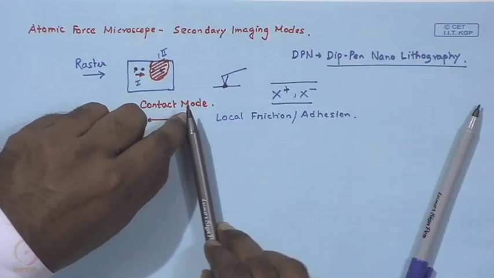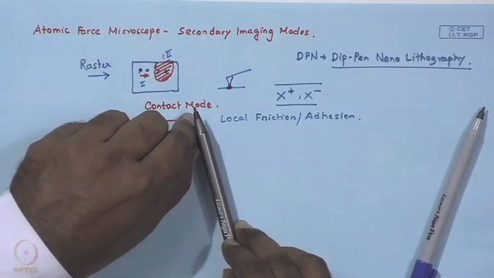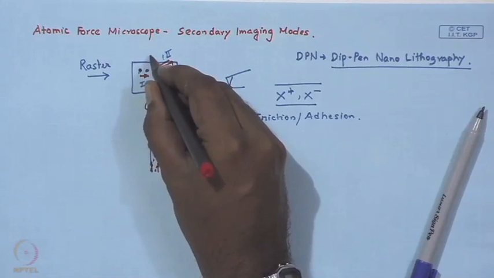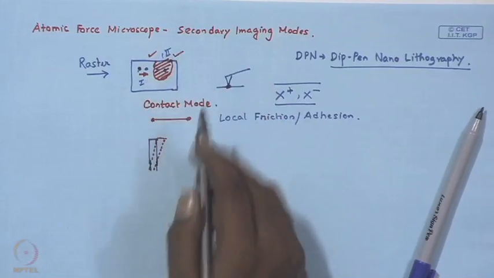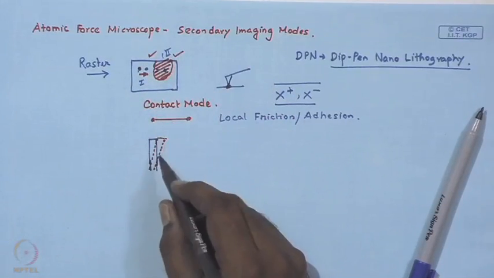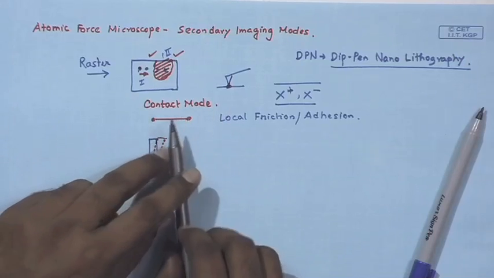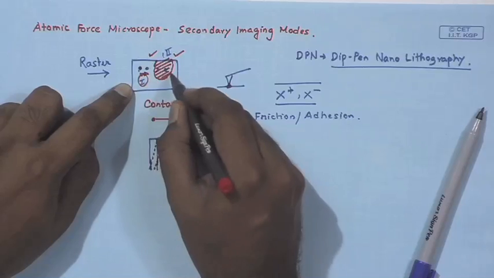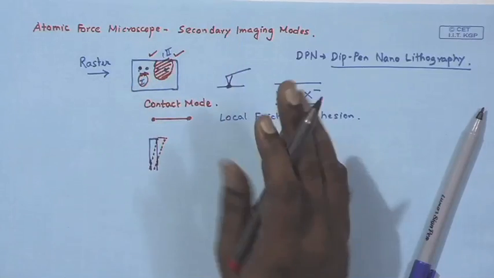To what extent there is going to be this lateral torsion or twisting is a function of the friction properties. So, if over this zone and this zone the frictional properties or the level of adhesion are different, then what is going to happen? The extent of twisting over zone 1 and the extent of twisting over zone 2 will be different.